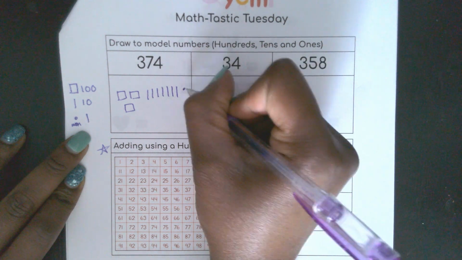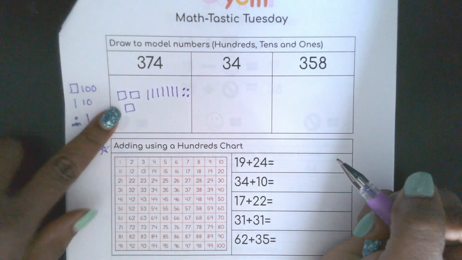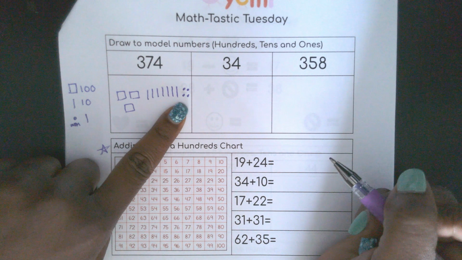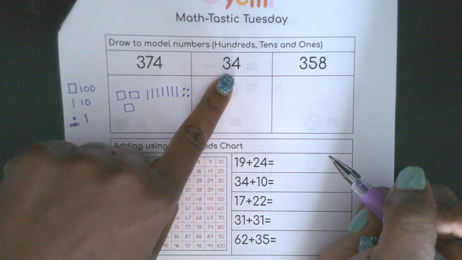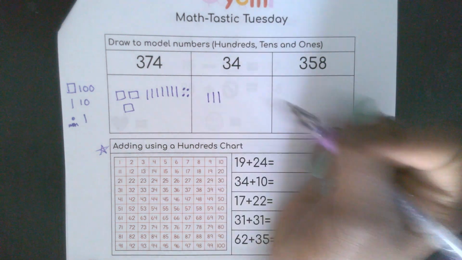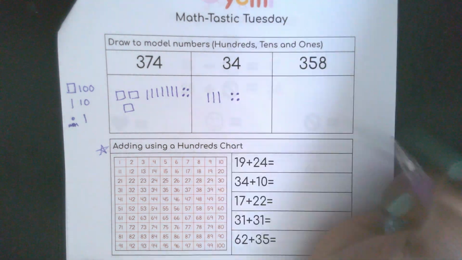I'll do 1, 2, 3, 4. Hundreds, tens, and ones. Now here I have 34: 10, 20, 30, and 1, 2, 3, 4.